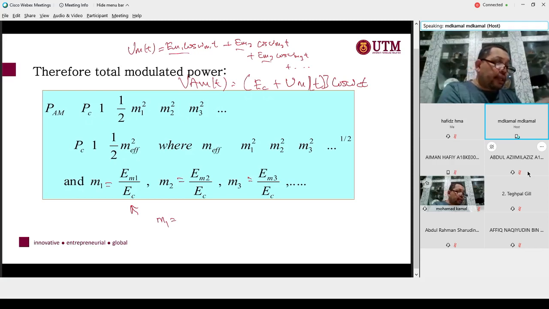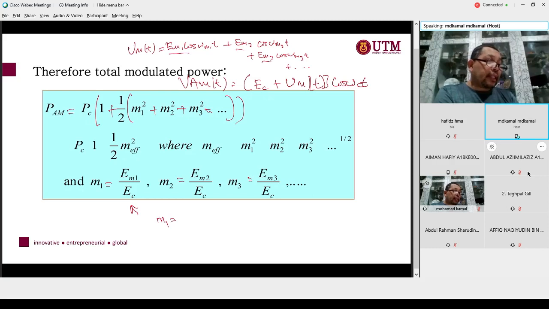So we can write the power in the AM signal as equal to PC times 1 plus M1 squared plus M2 squared and so on. It's the same thing: instead of one modulation index, we have different modulation indices, but we need to add them all together.